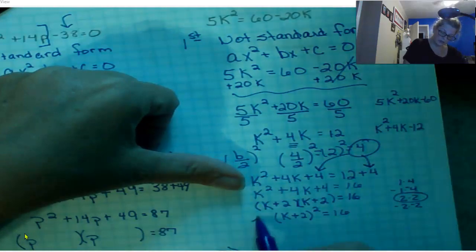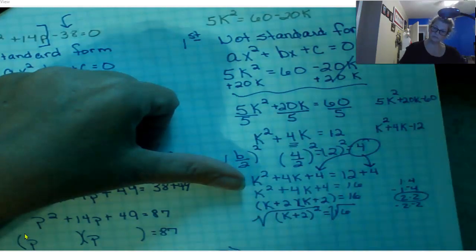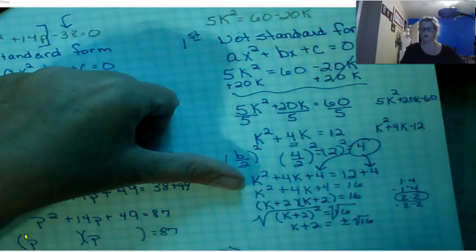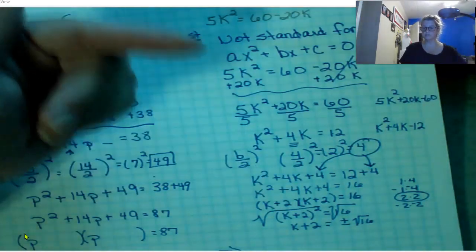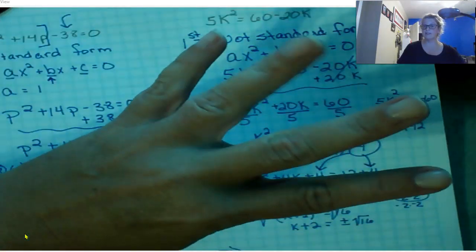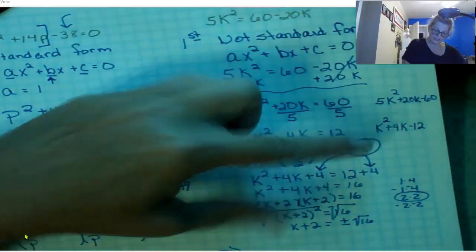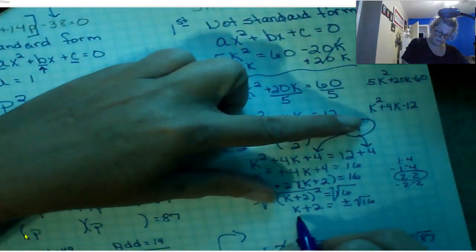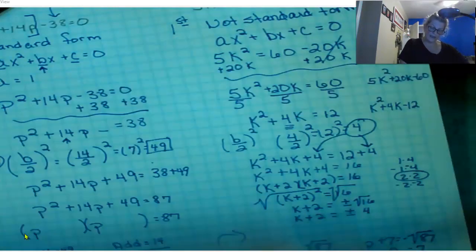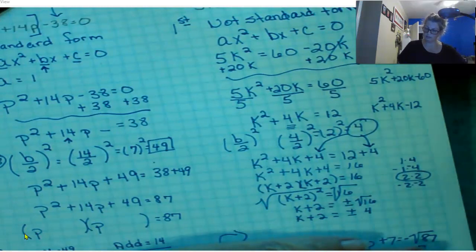Now I'm going to take the square root of both sides. I have k plus 2 equals plus or minus the square root of 16. Well, the square root of 16 is what? 4. 4 times 4 is 16. So I have k plus 2 is equal to plus or minus 4. And that's where my two equations come into account.